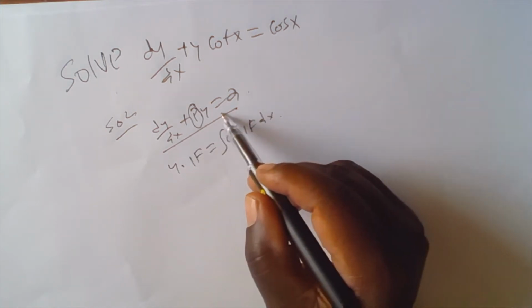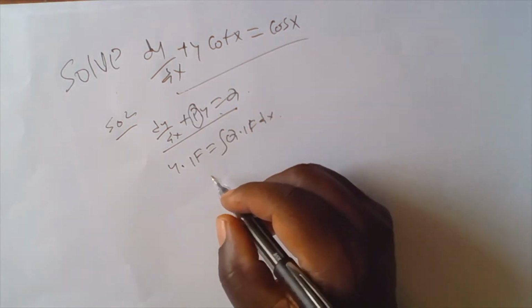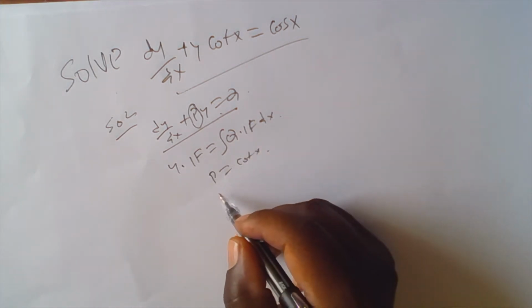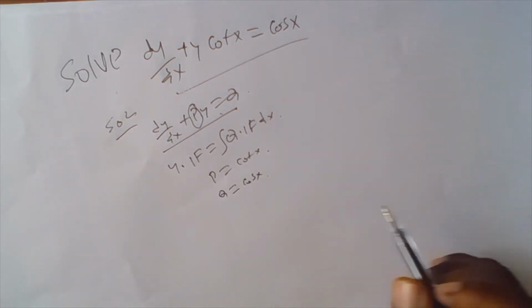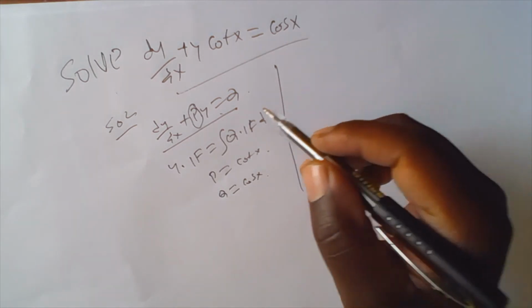Now from this equation, we can identify our P and Q. Our P equals cot x, and our Q equals cos x. So we can get the integrating factor.